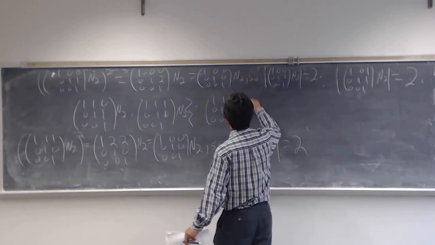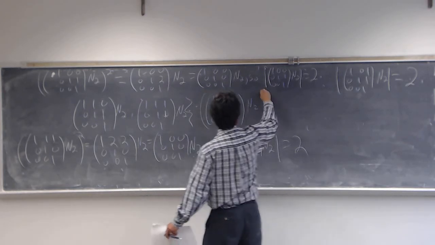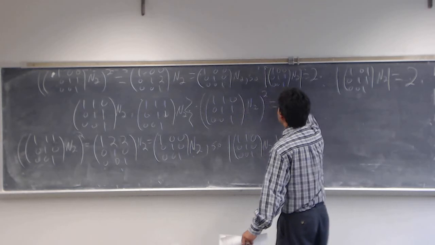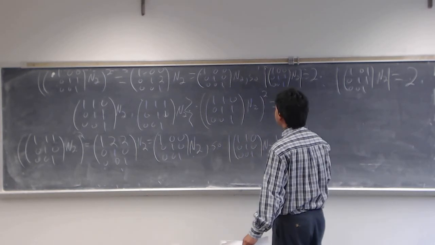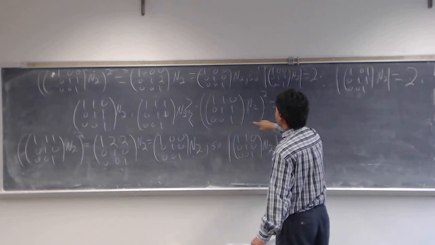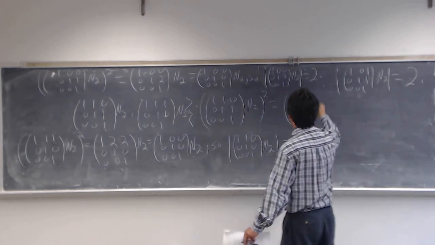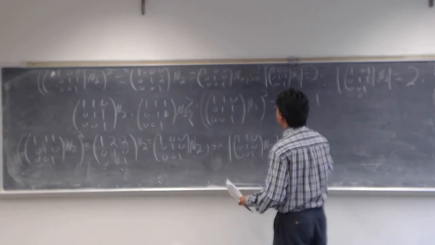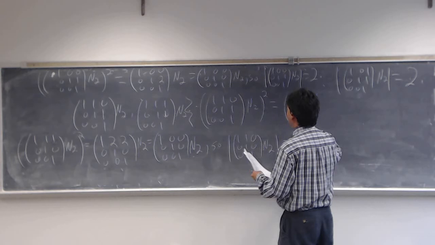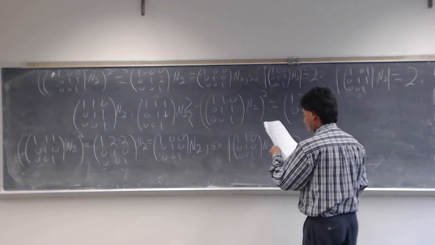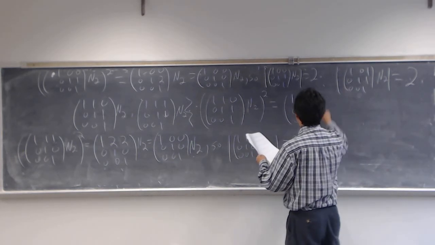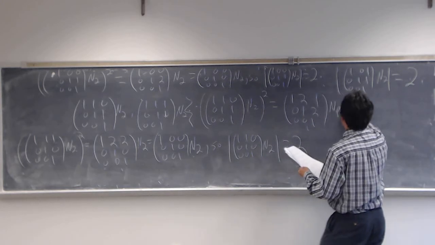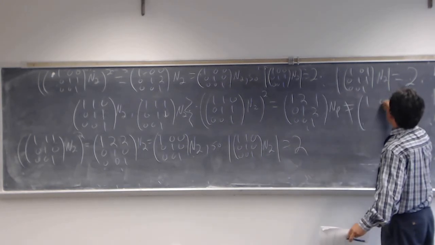So if I square this, I would just square the matrices, so that's going to be 1, 2, 1, 0, 1, 2, 0, 0, 1, and a P. And that's not equal to the identity coset.